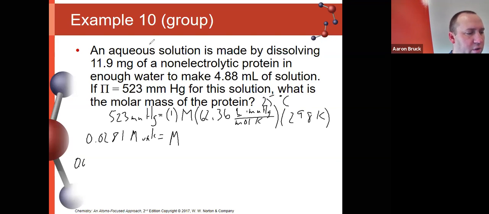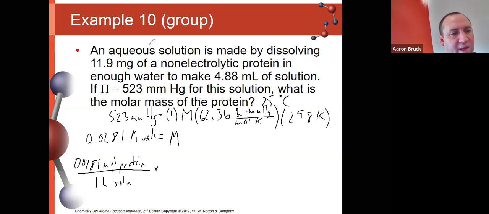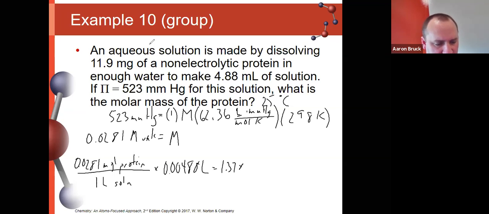So I've got 0.0281 moles of protein per liter of solution, and I'm multiplying that by my liters of solution, 0.00488 liters, which would give me 1.37 times 10 to the negative fourth moles.